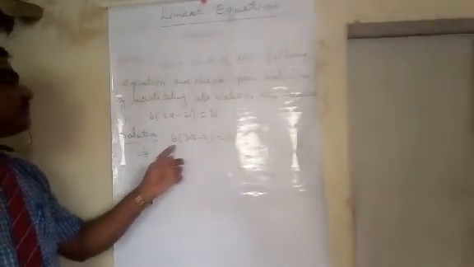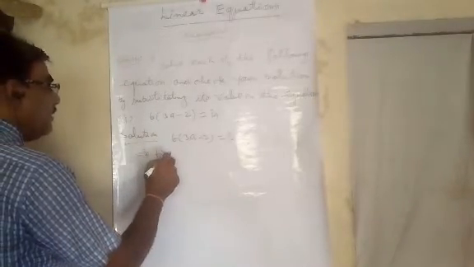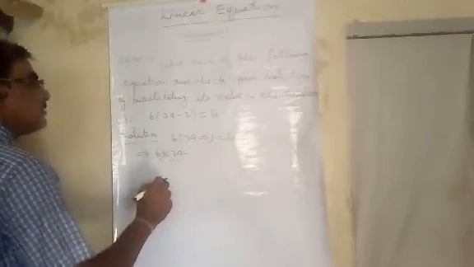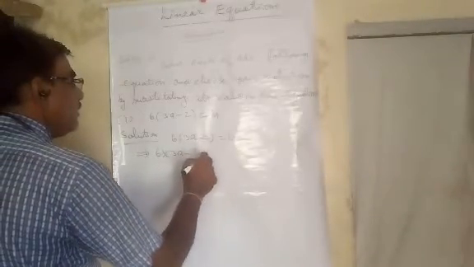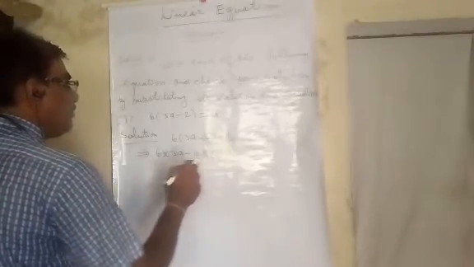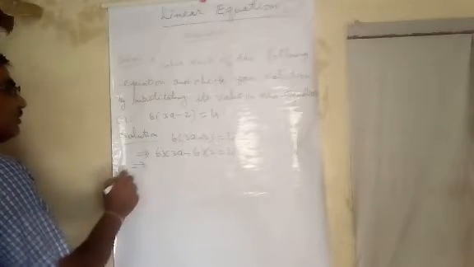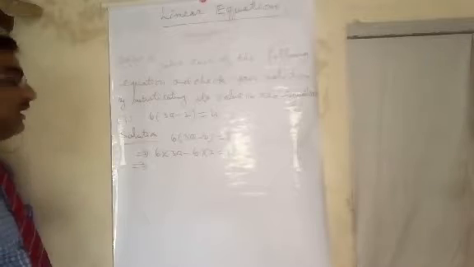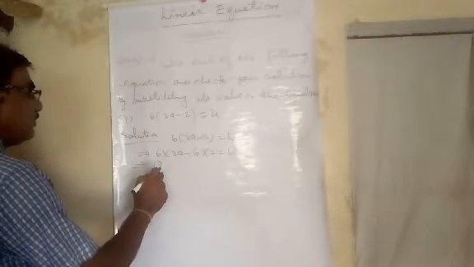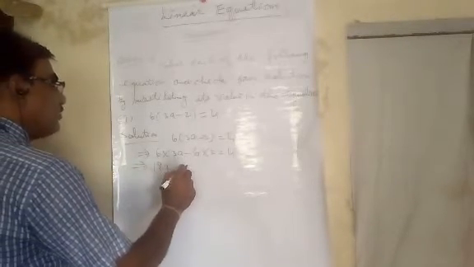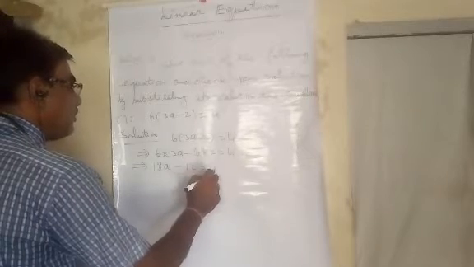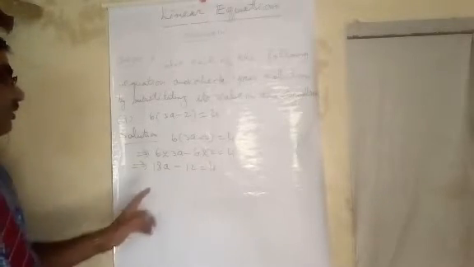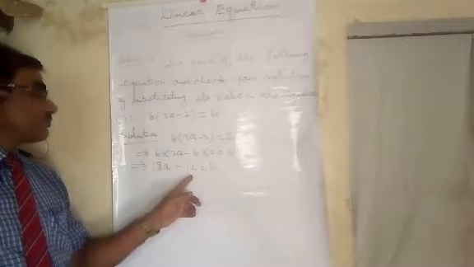First of all, I will multiply 6 with 3a and 2: 6 into 3a minus 6 into 2 equal 4. Now 6 multiplied by 3a will be 18a, minus 12 equal 4.